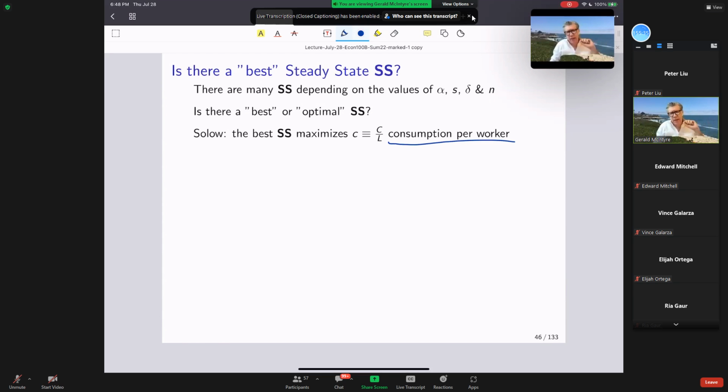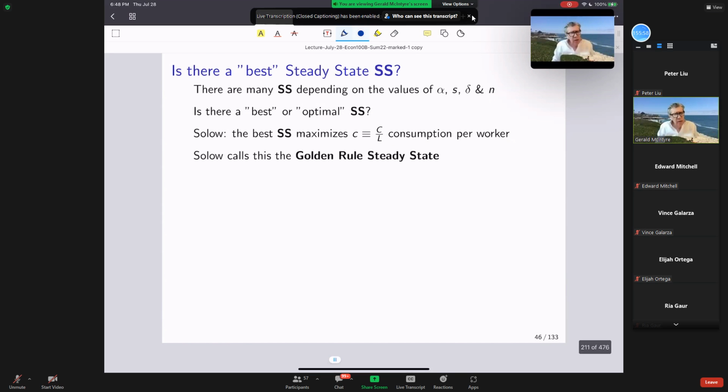And the best steady state will be that steady state that maximizes the average person's consumption per worker, what we call small c. That's a maximization problem, but it turns out it's not an easy one. But it has some profound political implications as well that are coming up.